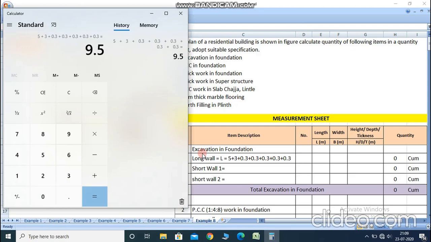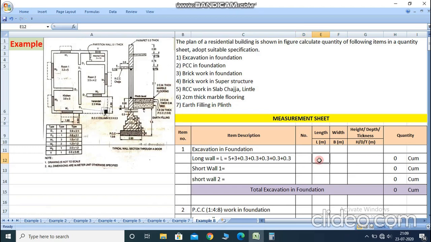The total length we calculated is 9.5 meters. Here the total long wall is provided 1, 2 and 3, so 3 long walls are provided. So the number is 3, the length is 9.5, and the width of the excavation is the PCC width, that is 0.9 meter width for the excavation.